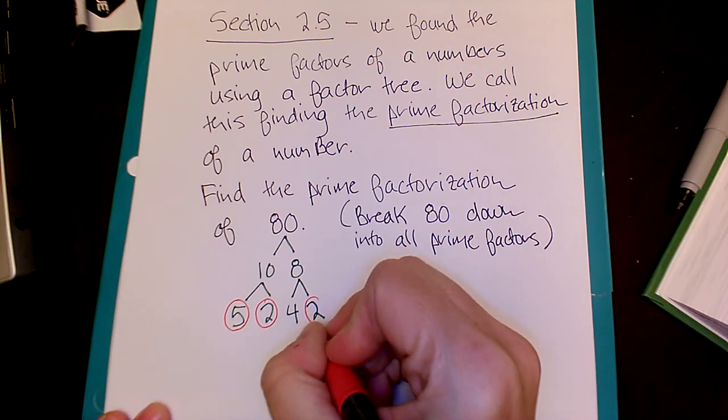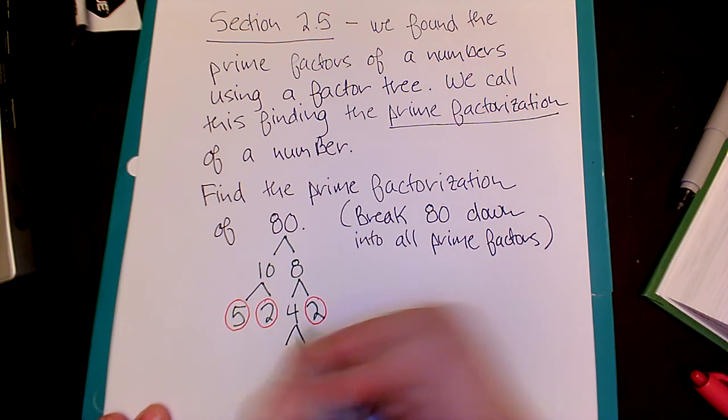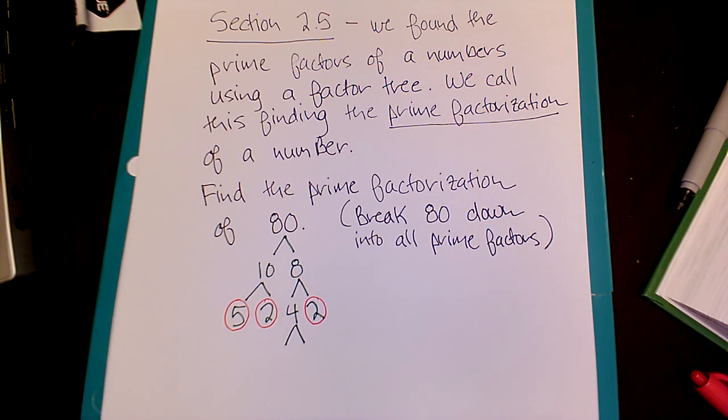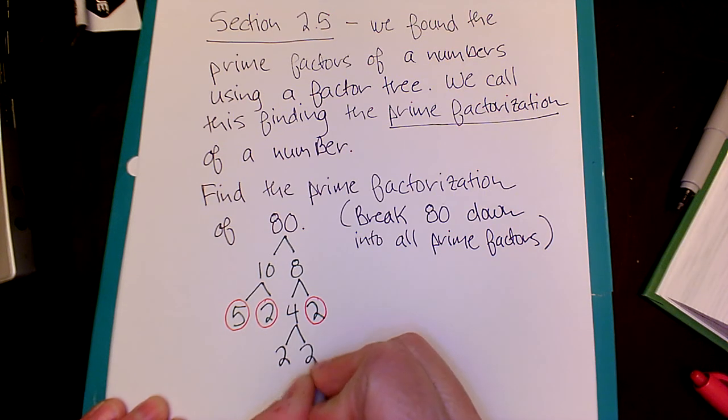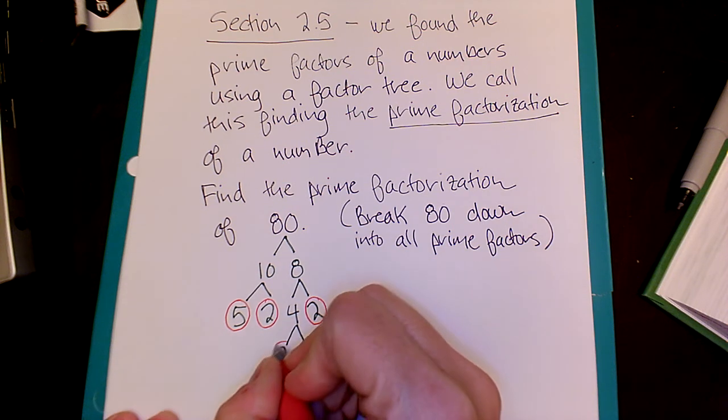Well, the 2's prime, but 4 can still keep going. So one more branch off the 4, and what are two numbers? There's only 2 that when I multiply them together will get me to 4, and that's 2 times 2. And I can't branch off any further, so I'm done, and both 2 and 2 are prime, so I'm going to circle.